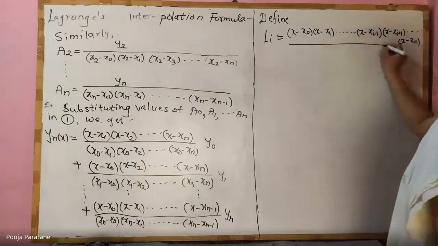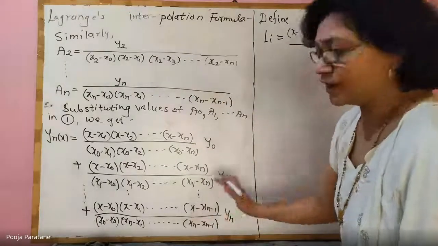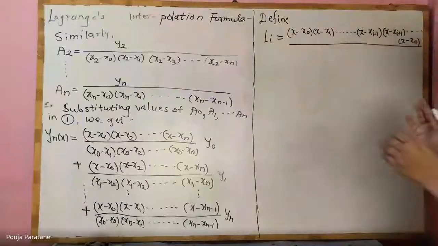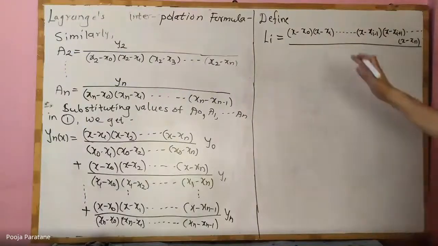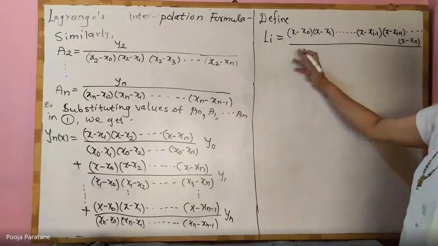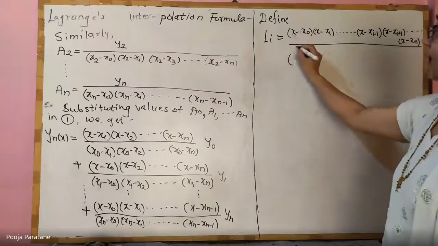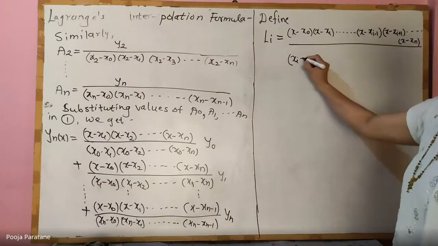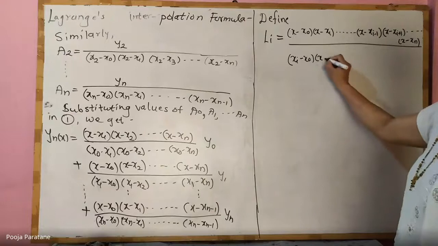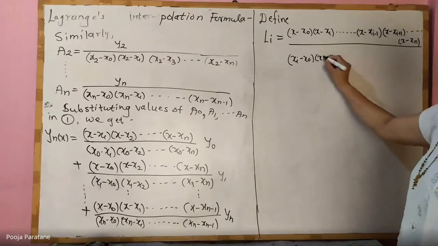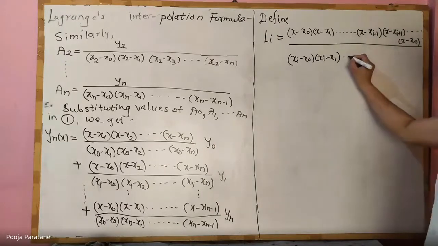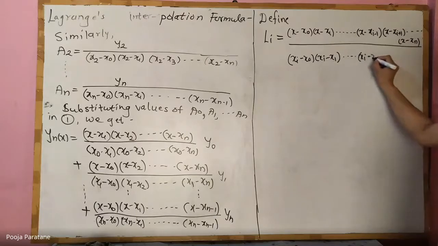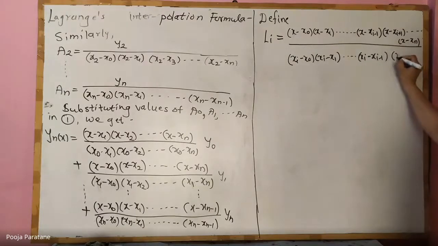If you are comfortable to remember this type of formula, you can use it this way, using this Li. So now I will put x equal to xi. Then xi minus x0, xi minus x1, xi minus xi minus 1, xi minus xi plus 1, up to xi minus xn.